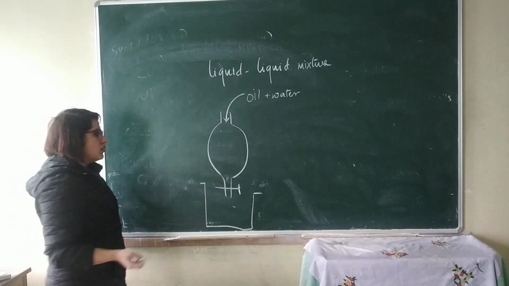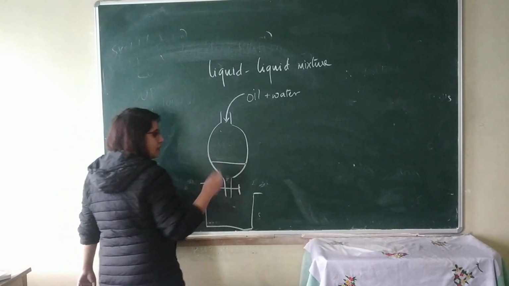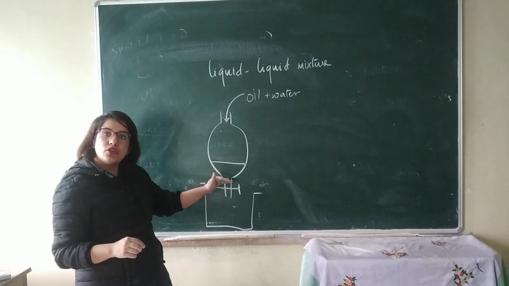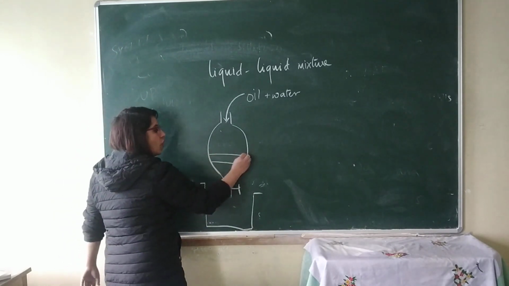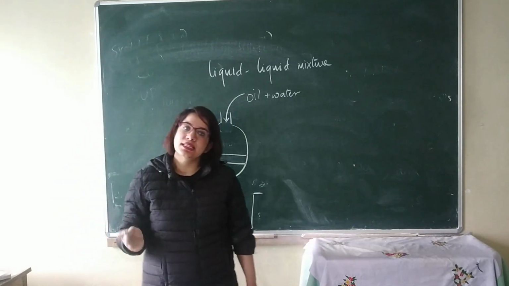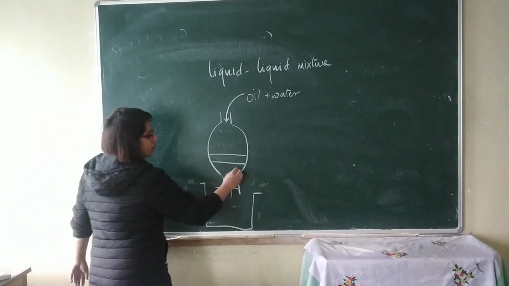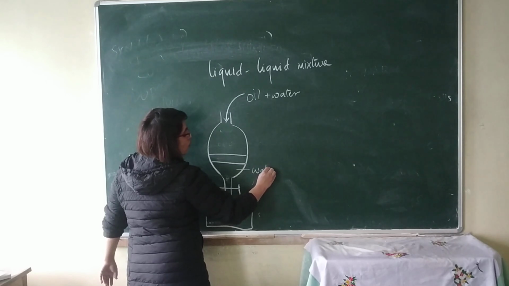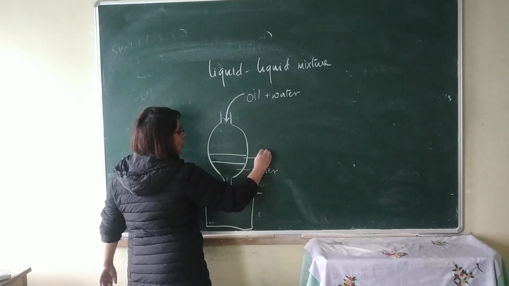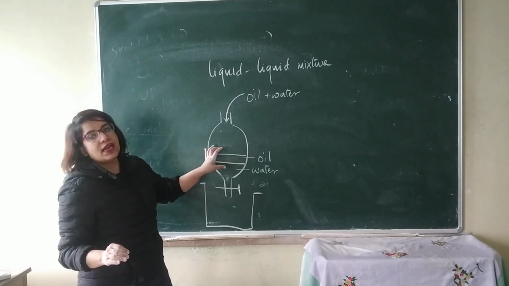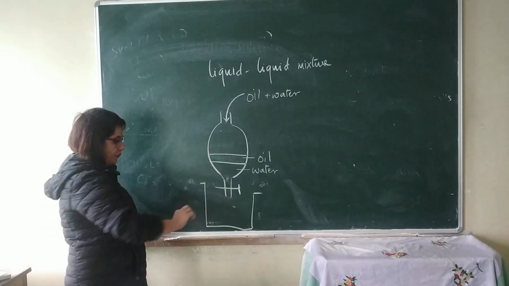We all know water has more density, so it is heavier and settles in the lower half. Oil has less density, so it is lighter and floats on water. So here we have water and here we have oil. The heavier one sinks, whereas the lighter one floats.